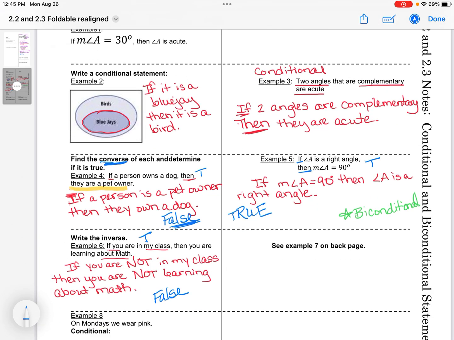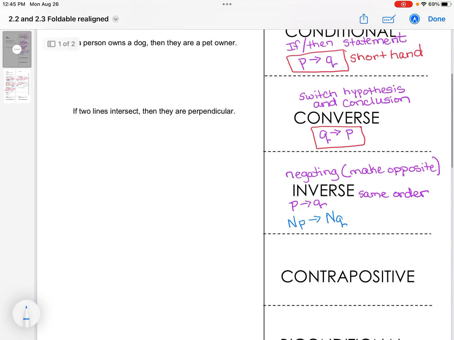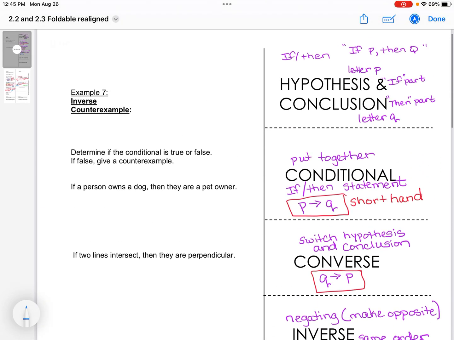We're thinking of some counterexamples to if you are not in my class, you are not learning about math. So one counterexample could be, maybe you're in a different math class. Maybe you're in Mr. Tebow's math class. Then you would be learning math.